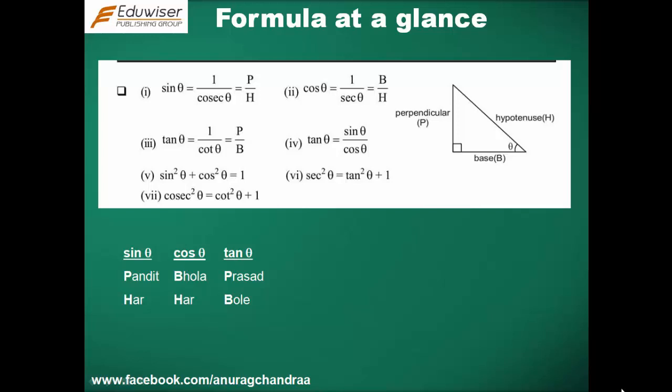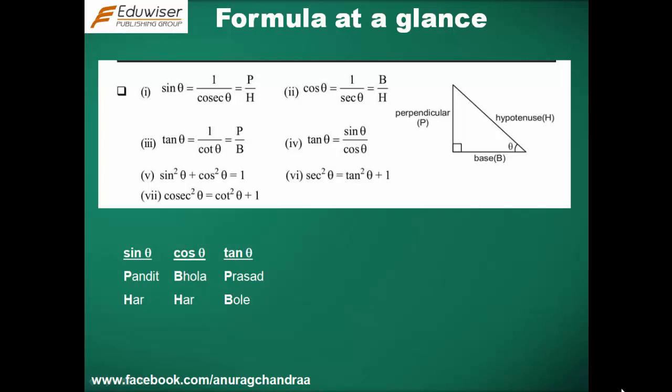There is a very easy way to remember the values of sin theta, cos theta and tan theta, and there will be various methods by which people remember it. So when I was in school, I was taught this simple line. It was Pandit Bhola Prasad Har Har Bole. So sin theta is P by H if you take the capital letters of the words Pandit and Har.